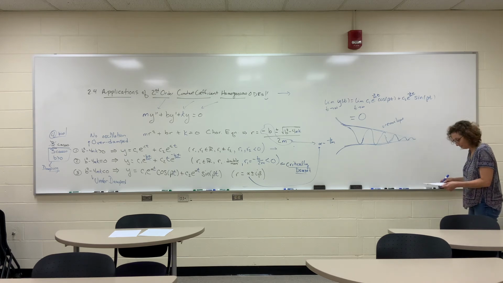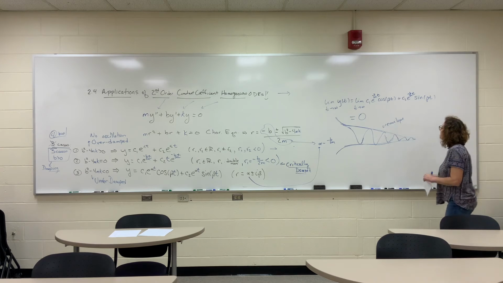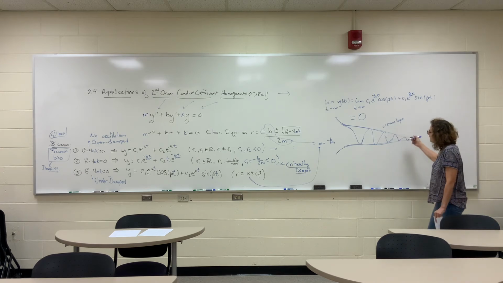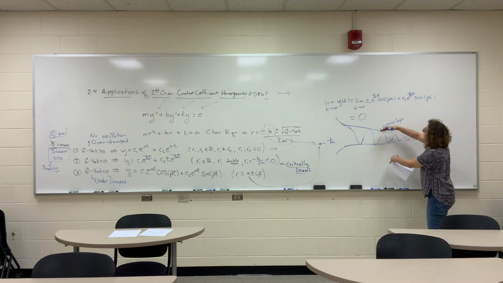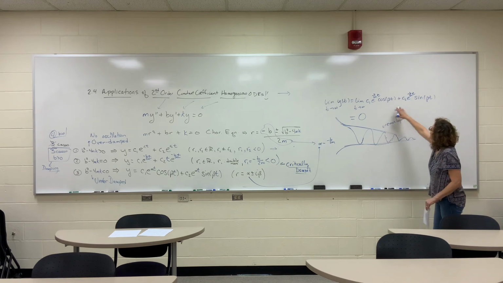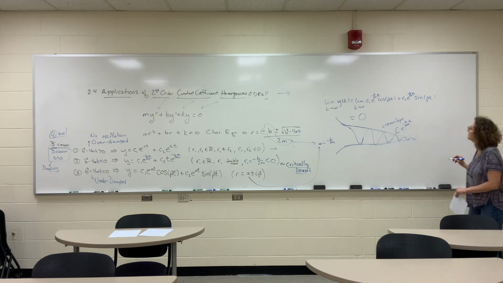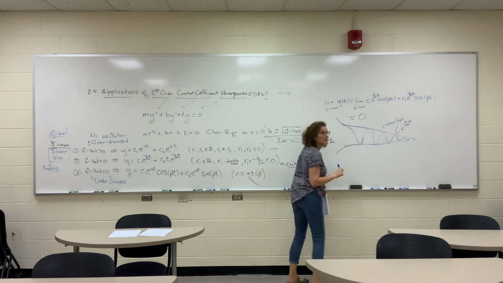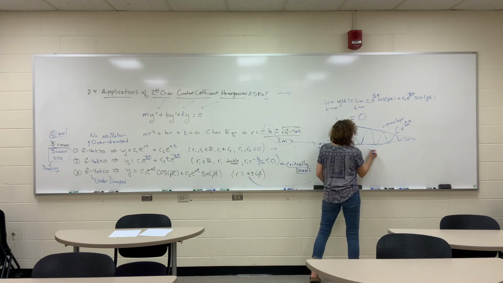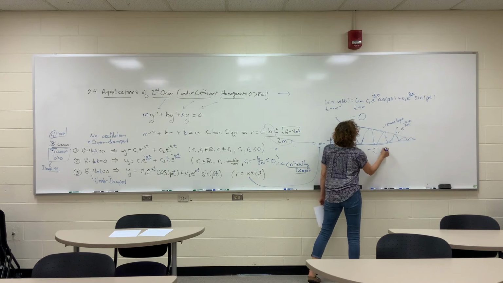So the envelope is pretty important, right? And what is the envelope going to be? It's going to be your bounds, the max and the min of this expression, and that's just going to be some constant times e to the minus b over 2m t, because of the nature of cosine and sine, bouncing between minus 1 and 1, and this bottom one will be minus that.